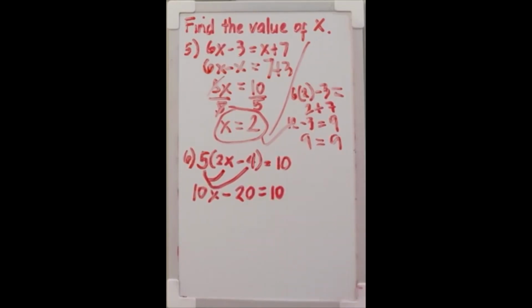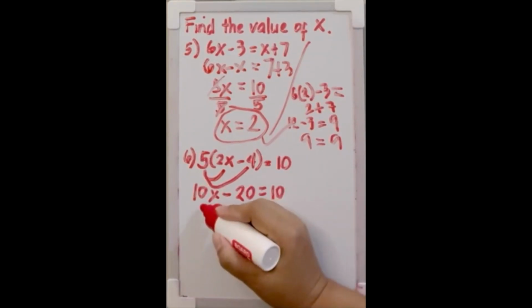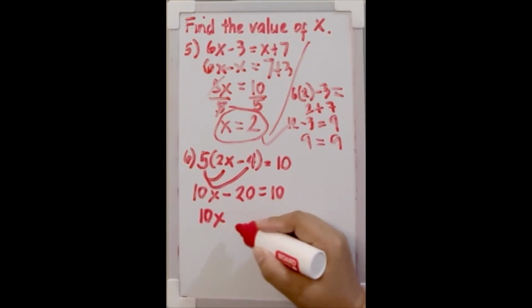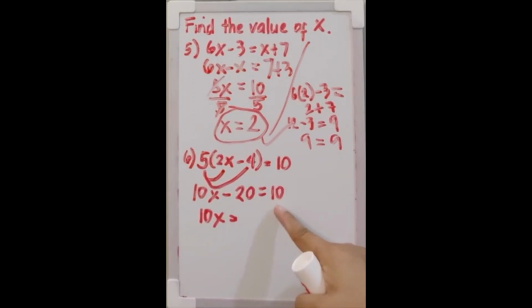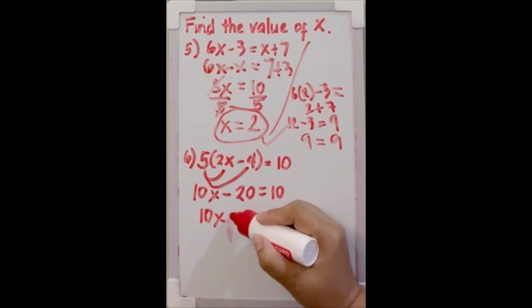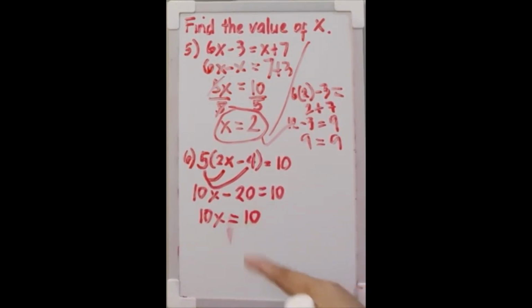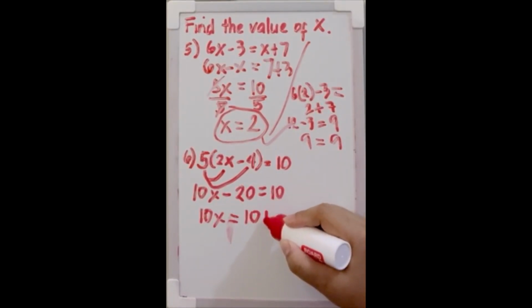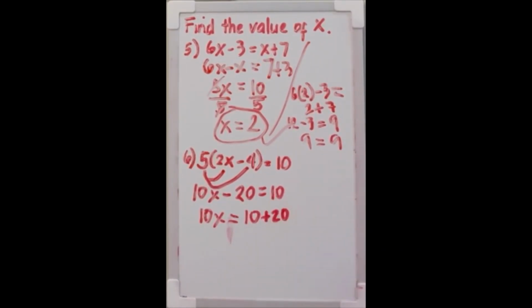equals 10. Next thing that we need to do is to transfer the 20 to the other side of the equation. So we will write 10x equals this one, 10, and then the negative 20 here will become positive 20 when we transfer it.